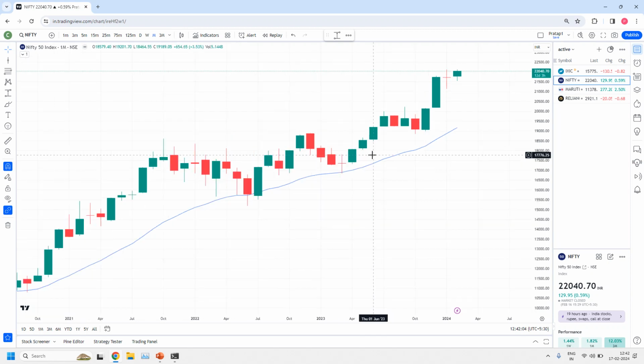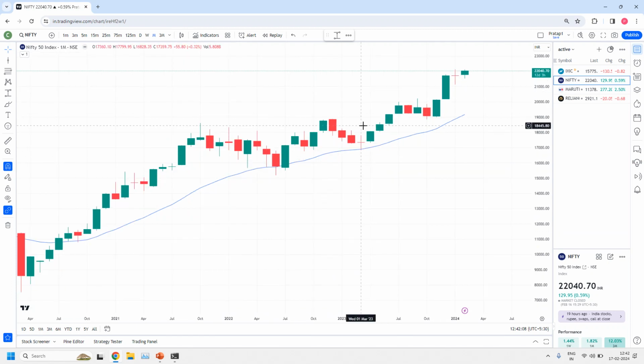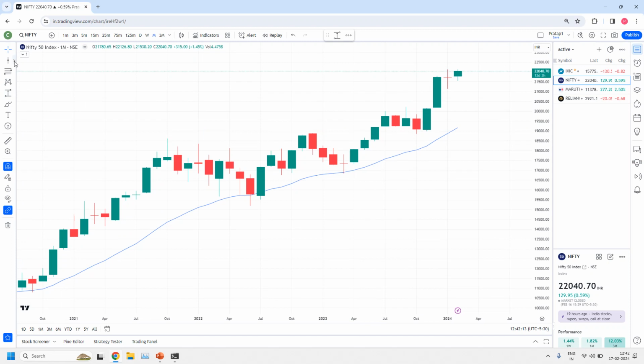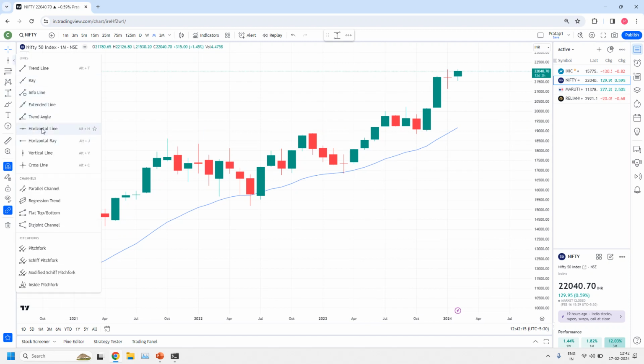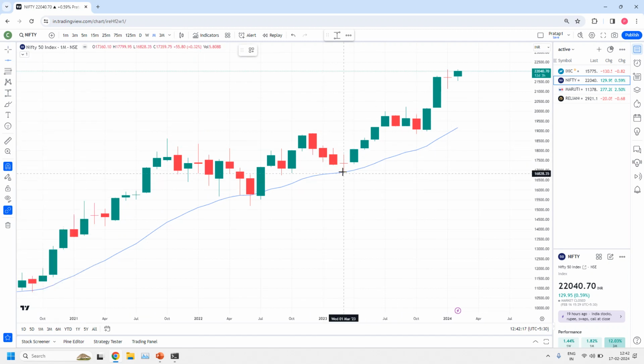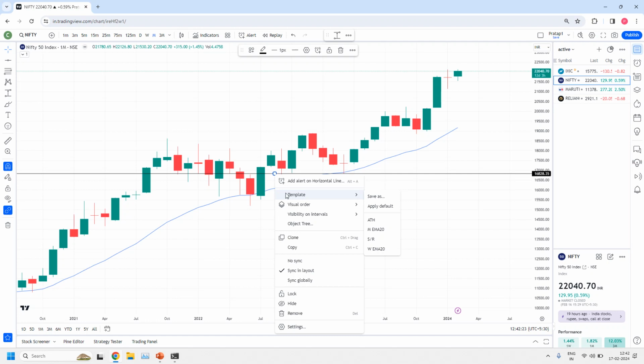So for that, because this is a monthly chart, the moment I change to the daily time frame, I will be seeing daily EMA. So for that, I am marking a horizontal line that indicates the monthly EMA. I already created some templates.